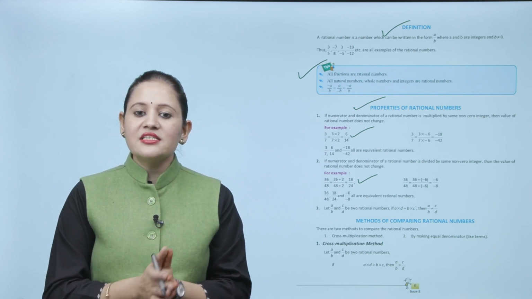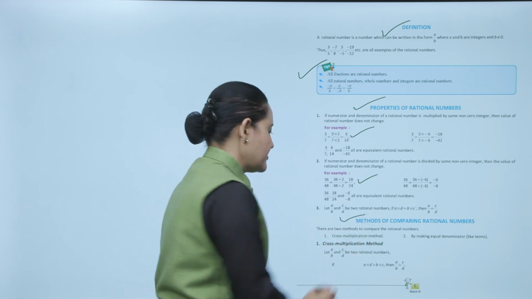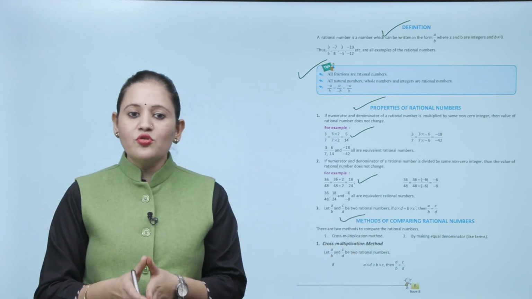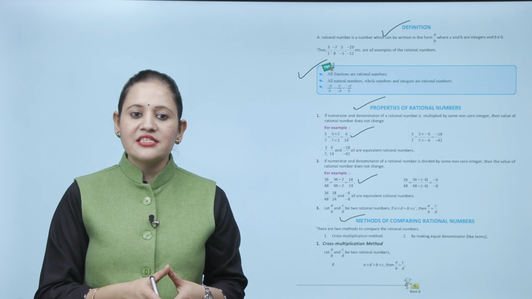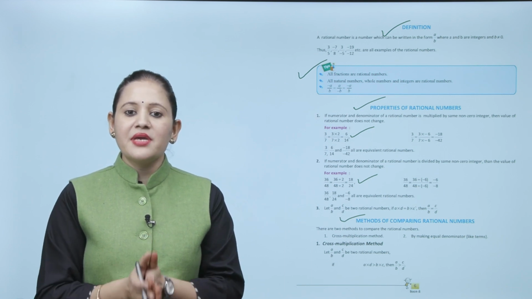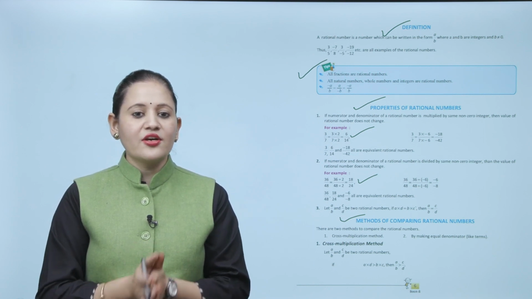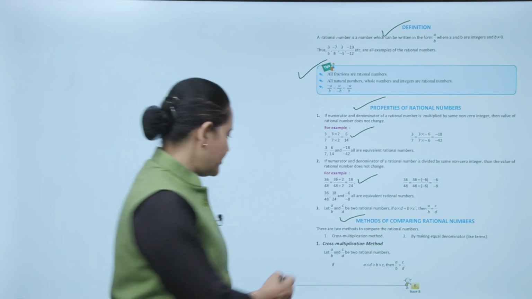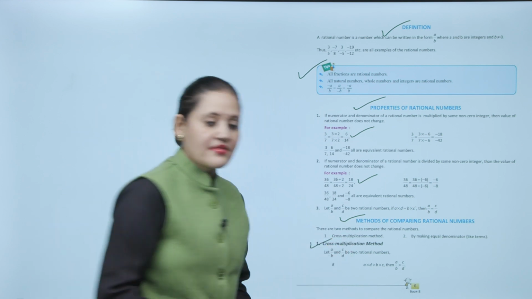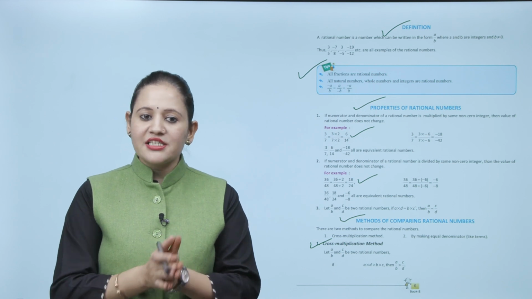Next, methods of comparing rational numbers. There are two methods to compare rational numbers. One is the cross multiplication method and the other is by making equal denominators, like terms. Clear? So first method, cross multiplication method. Let a upon b and c upon d be two rational numbers.